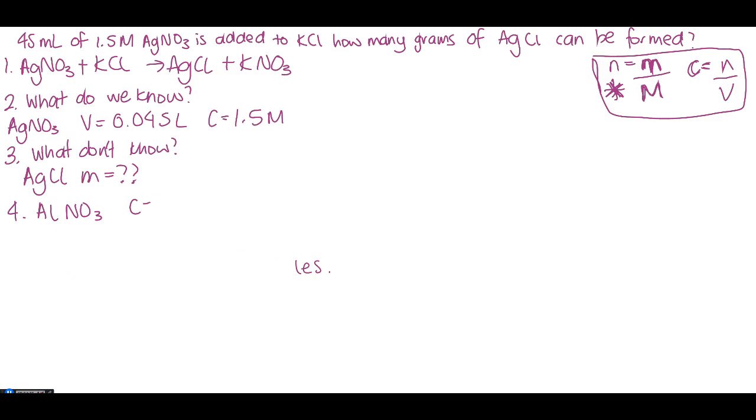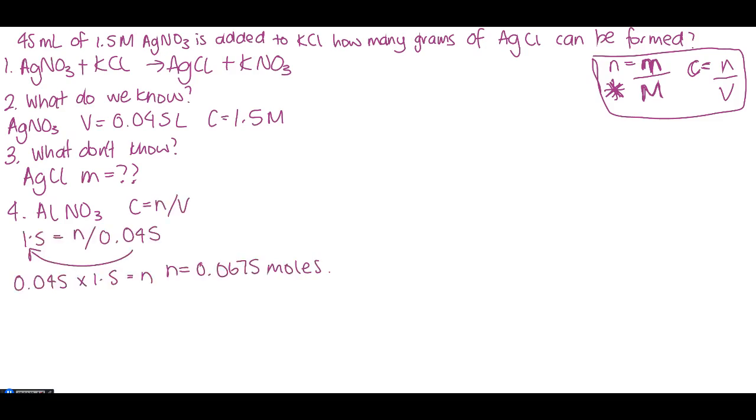Now, we use what we call our mole ratio to work out what's next. Like we learnt this week, we work out how many moles of the reactant we need to then create the product. So our mole ratio is N, our moles of silver chloride, equals our moles of silver nitrate.